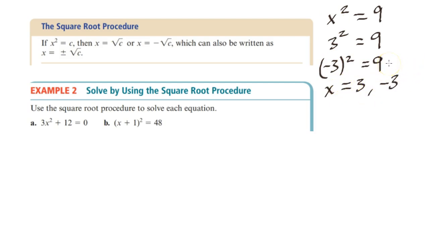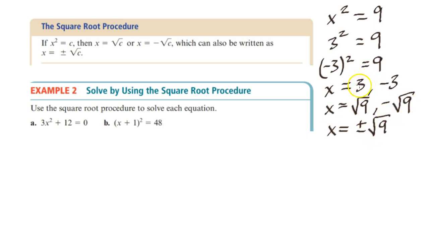But to write this in the correct form, realize that 3 is equal to the square root of 9, and negative 3 is equal to negative square root of 9. So that's like the square root of c and negative square root of c. And another way of writing this is x is equal to plus or minus the square root of 9.